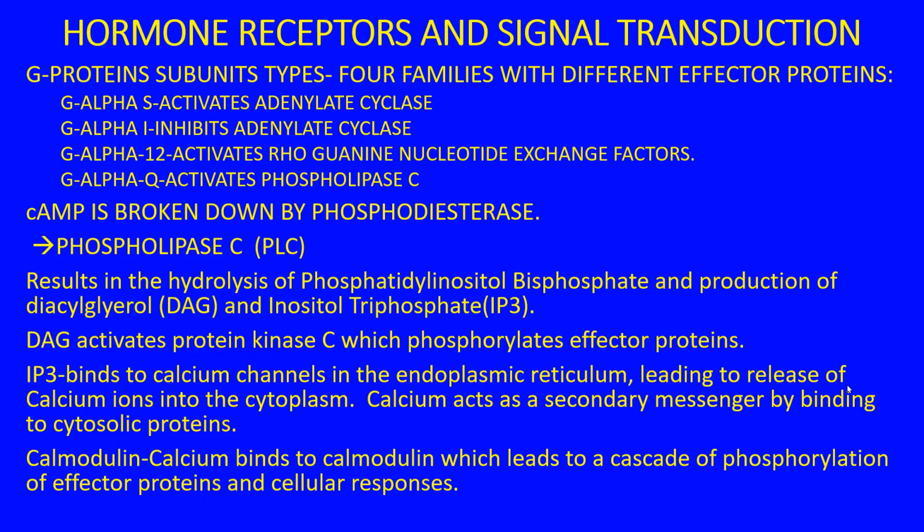IP3 binds to calcium channels in the endoplasmic reticulum, leading to the release of calcium ions into the cytoplasm. Sounds a little bit like a muscle, isn't it? Well, remember that the endoplasmic reticulum's comparable structure is the sarcoplasmic reticulum in skeletal muscle. The phosphorylation of effector proteins and cellular responses.